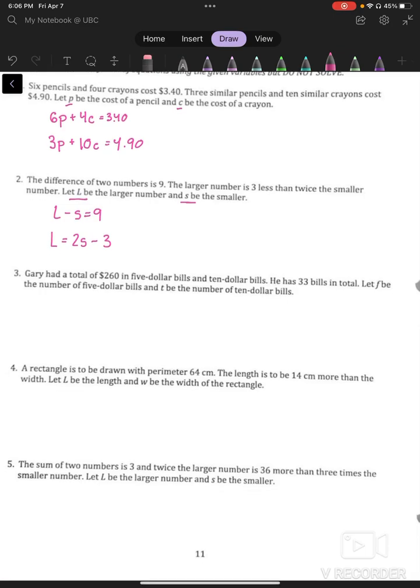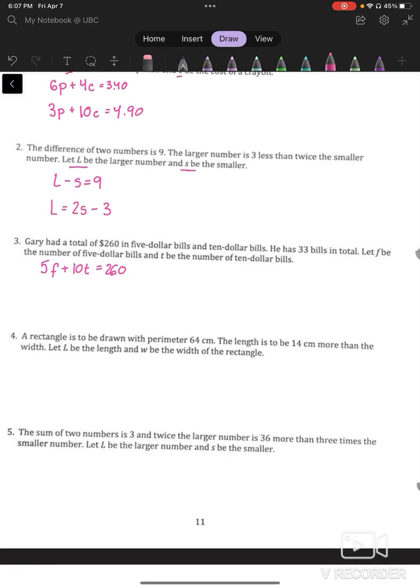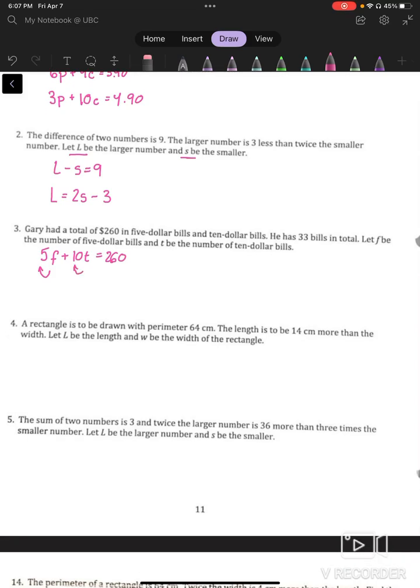So he had some number of $5 bills, F, 5F plus 10T equals 260 because it's telling you that $5 times whatever number of $5 bills he has plus $10 times whatever number of $10 bills he has is amounting to $260 in total.